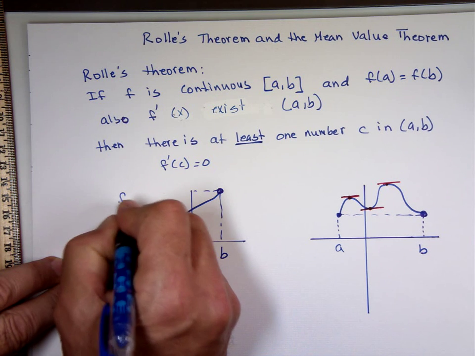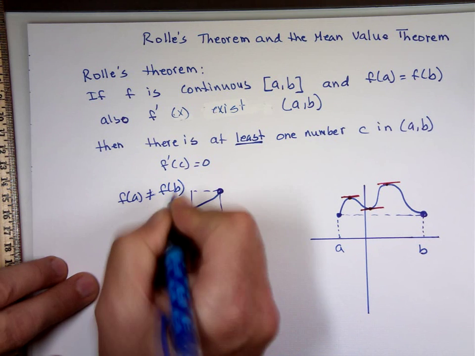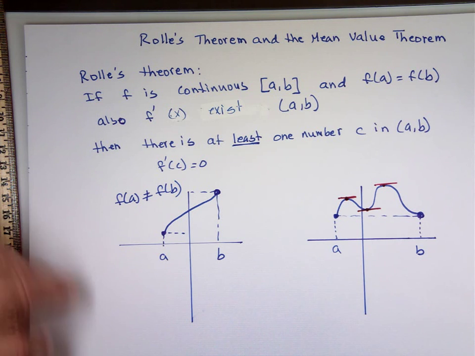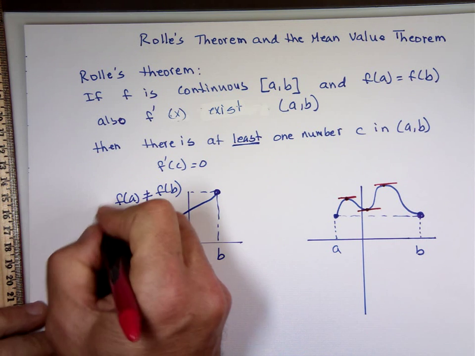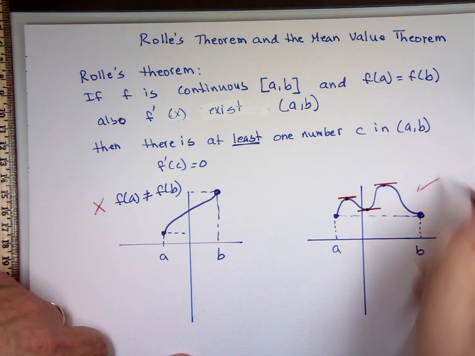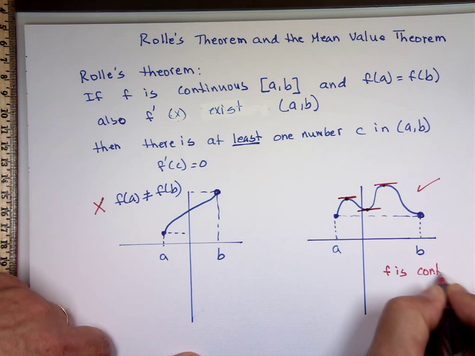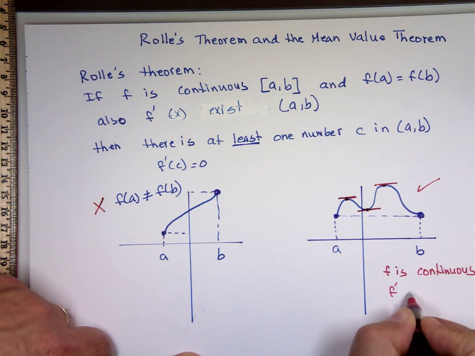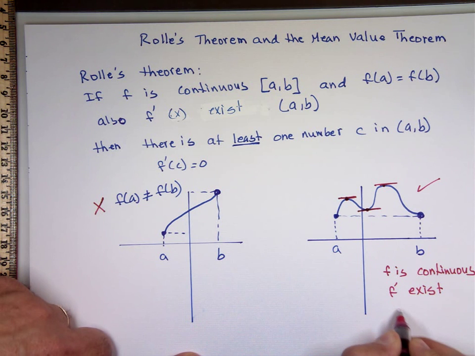So this is F of A does not equal F of B. So I can't apply that here. I can only apply it here, but can't apply here. I can apply it here. Why? Because F is continuous. 3 things. F prime exists. And the third condition is what?